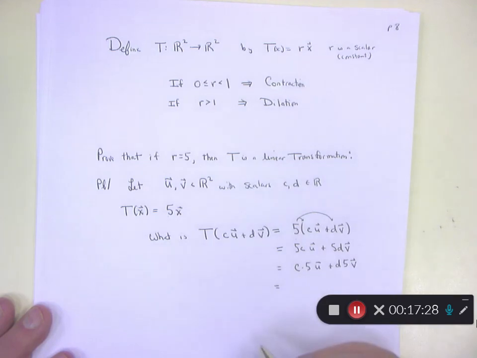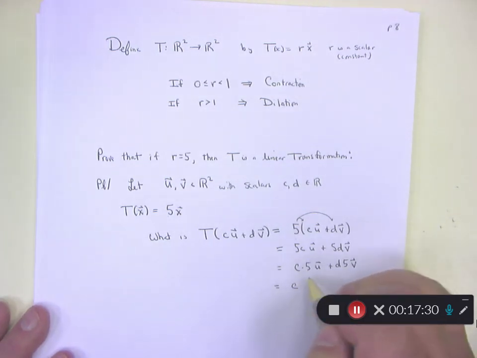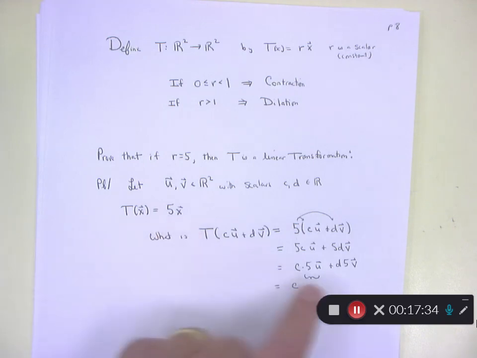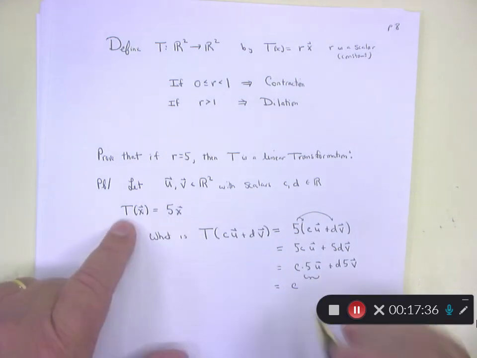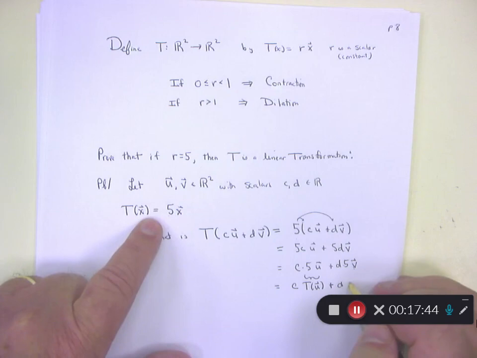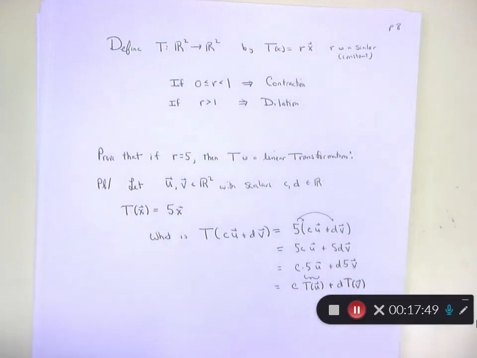So this would be equal to c times, now, who is 5 times u? Well, vector u, 5 times that would be the same thing as T of vector u, plus d, and 5 times v, v is the vector, when you multiply by 5, it's the same thing as the transformation T of v.